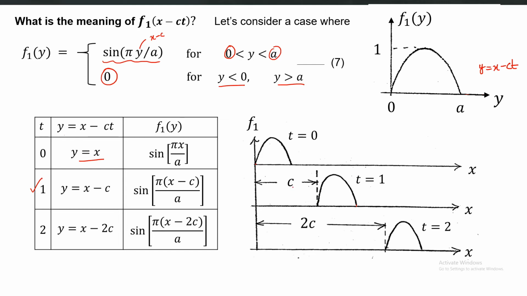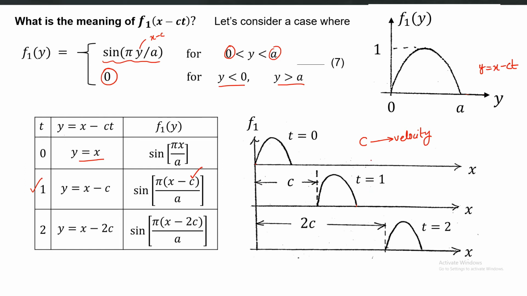This c is the same c. So this small c is the distance which this shape traveled in 1 second, for example c meters in 1 second. Which means I can say that this c is the velocity of that shape, because the same shape traveled a distance c in 1 second. So it's the velocity of that shape.